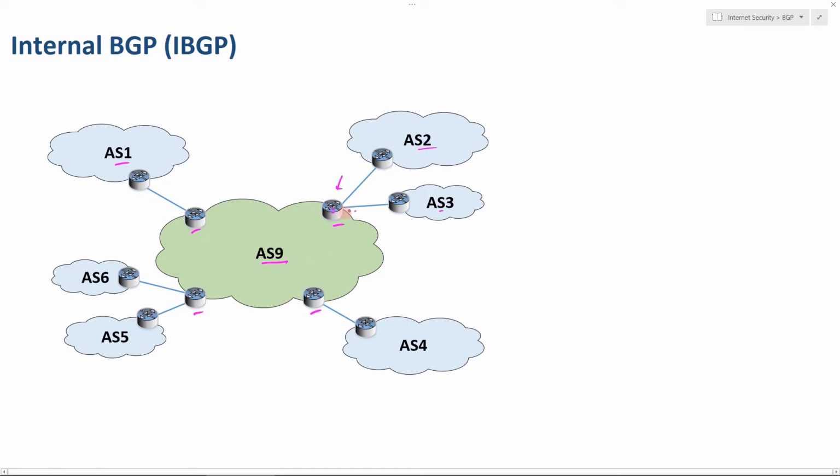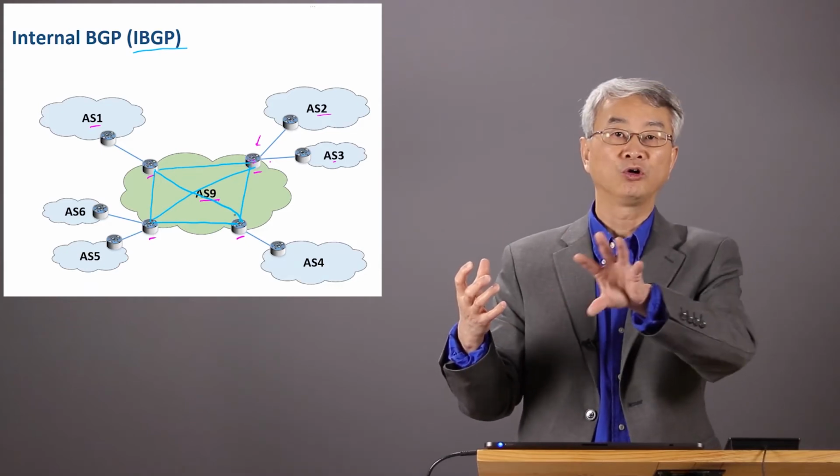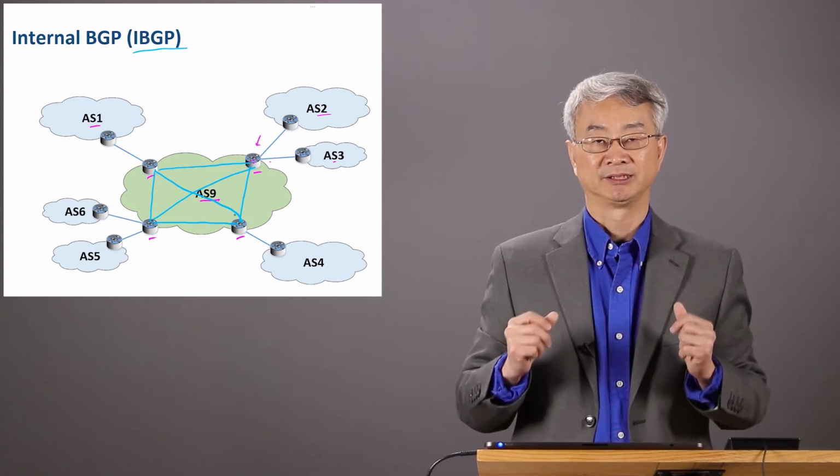So how do we communicate that? Internally, these BGP speakers actually use iBGP, the internal BGP protocol. They're going to connect in a full mesh. So they're going to be fully connected. Each of the BGP speakers is going to connect to all of the BGP speakers inside the entire autonomous system.